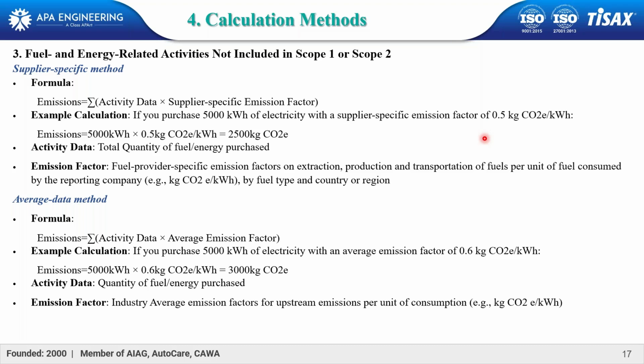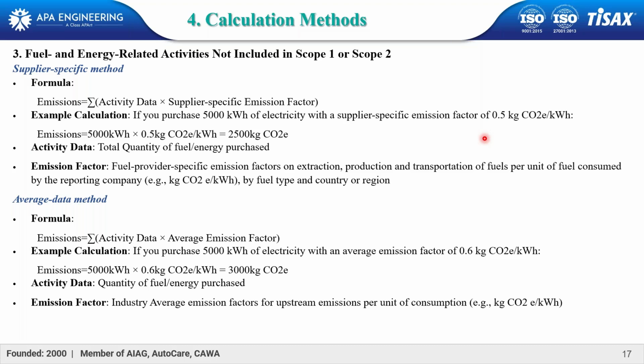So the activity data required is the total quantity of the fuel or energy purchased, and the emission factor will be the fuel provider specific emission factor, which will be the cradle to gate information from extraction and transportation of the fuels per unit of fuel consumed by the reporting company.